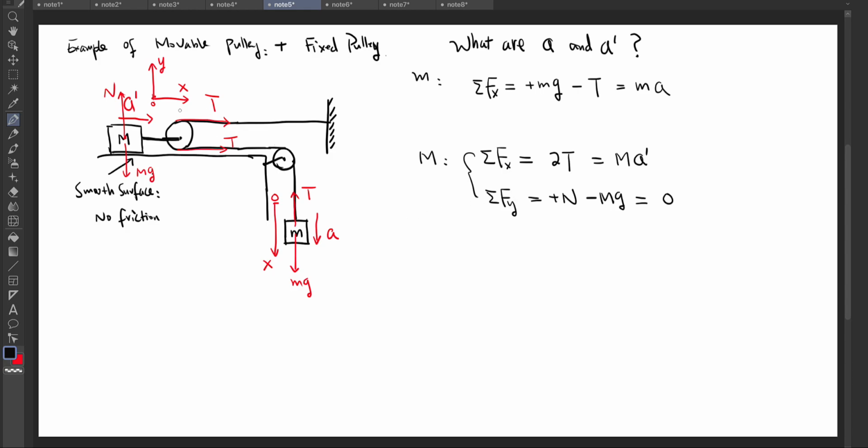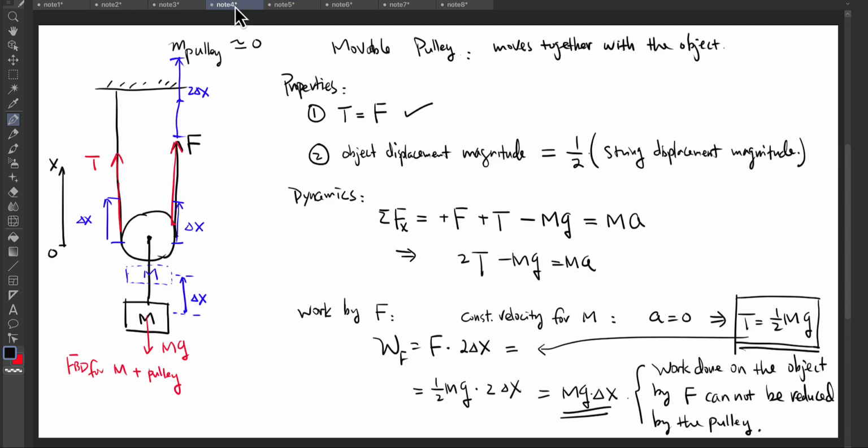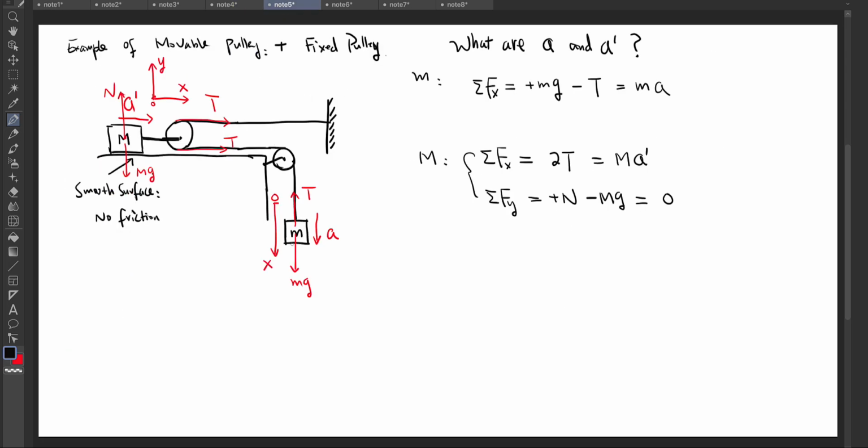But as I said, I haven't actually argued the relation between A and A prime, though I do have some relation. Remember, when I talked about the movable pulley, I talked about the displacement of this object and the displacement of the string. Now this string here in our setup is like this M, little m.